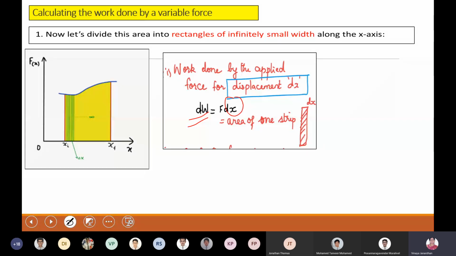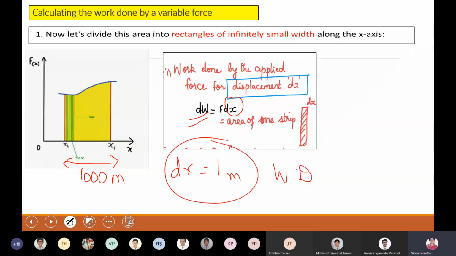Suppose the entire distance is 1000 meters, and let me say dx is 1 meter. Let me find the work done by the force in moving the body through a distance of 1 meter.